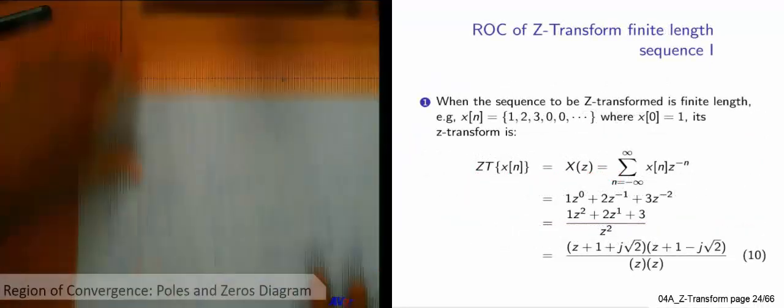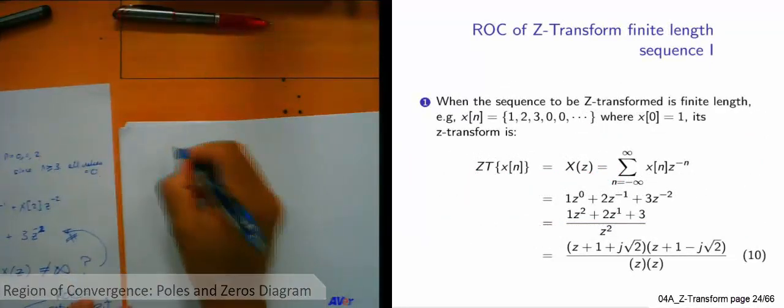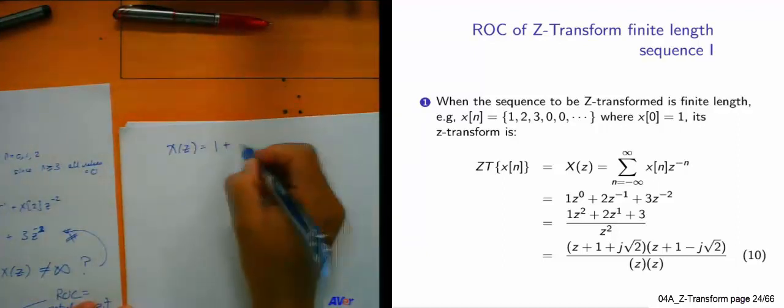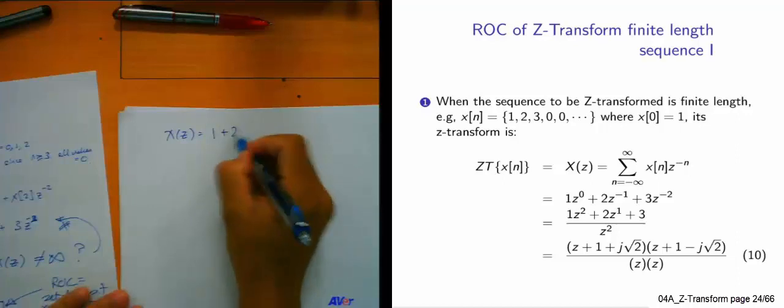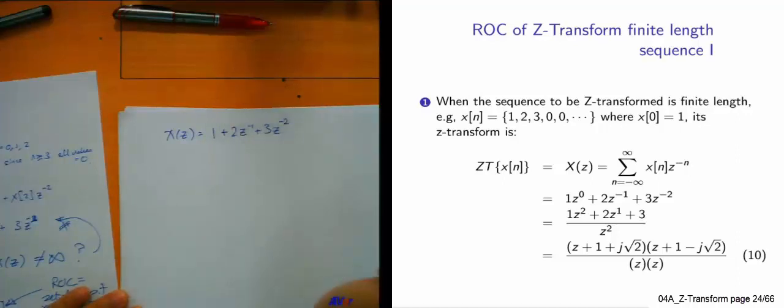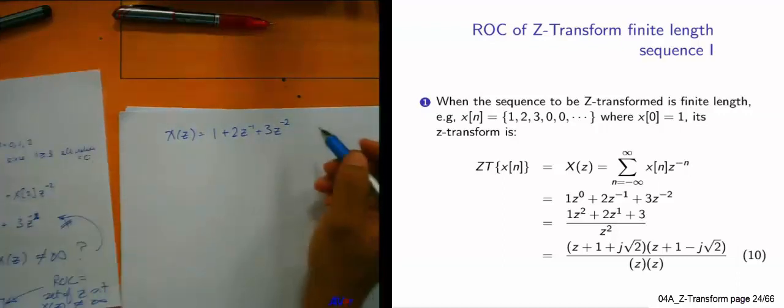So if I want to draw the region of convergence for this one, I have X(z) equals 1 plus 2z^-1 plus 3z^-2. But sometimes you don't like to draw it like that, because we don't know how to factorize in negative powers. So what do I do now?